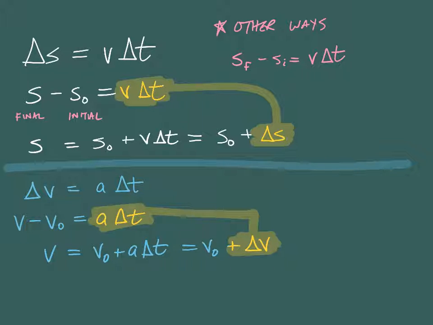All right? So again, we end up listing 3 equations, actually 4 equations per thing. So there's this equation, and these 2 versions of the same thing.